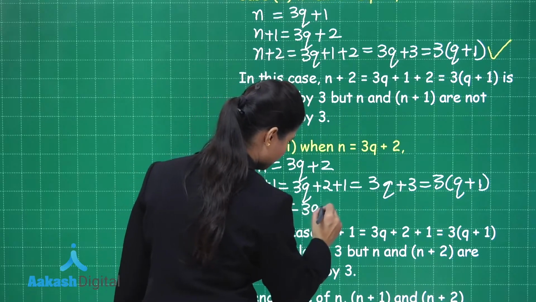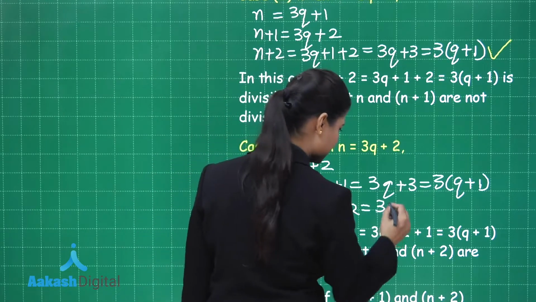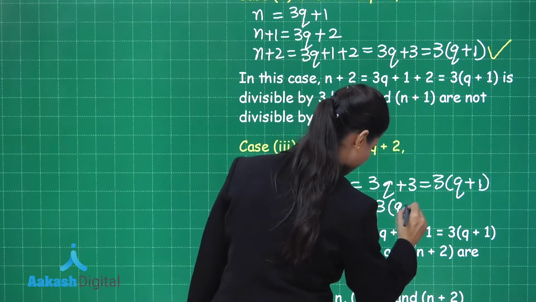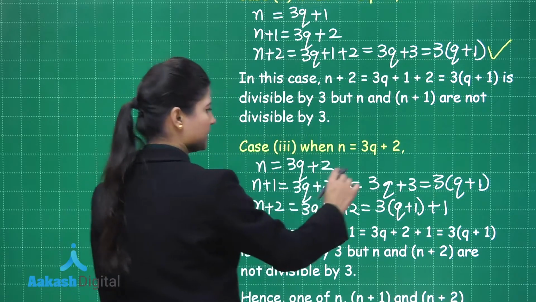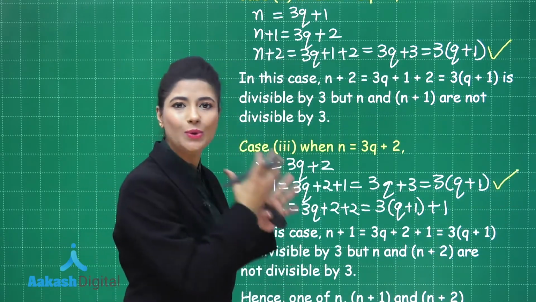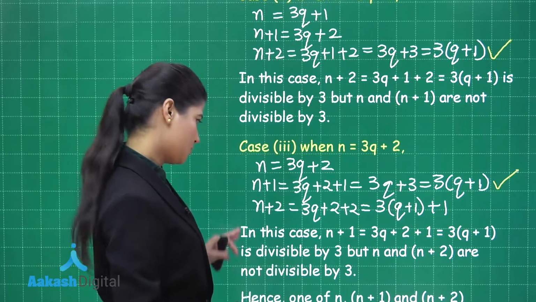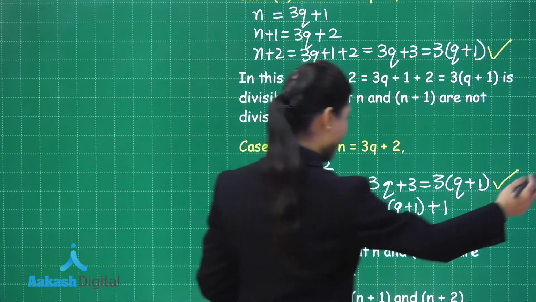Here I have 3q plus 2 plus 2, that is 3q plus 4. So, you can easily consider it as 3 times q plus 1 plus 1. So, you can clearly find in this case only n plus 1 will be divisible by 3 because 3 can be taken common only from n plus 1 in this case. So, in this case n plus 1 is divisible by 3, but n and n plus 2 are not.